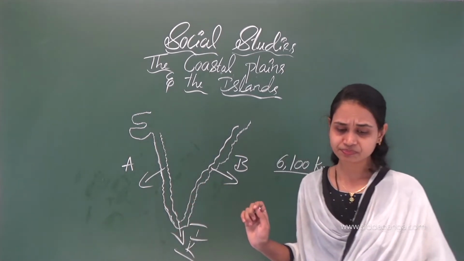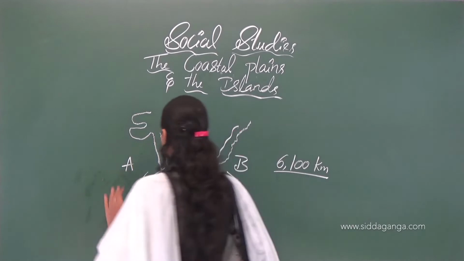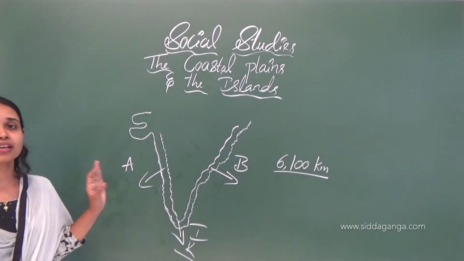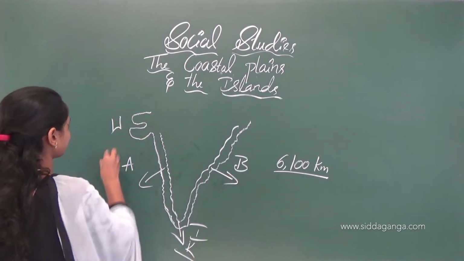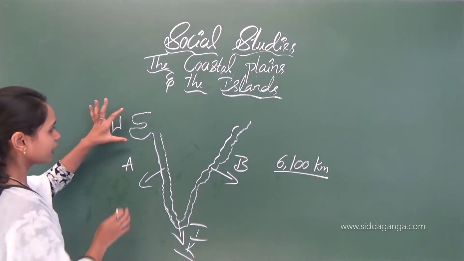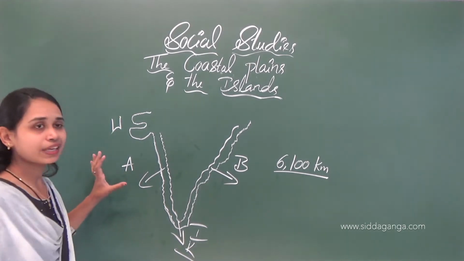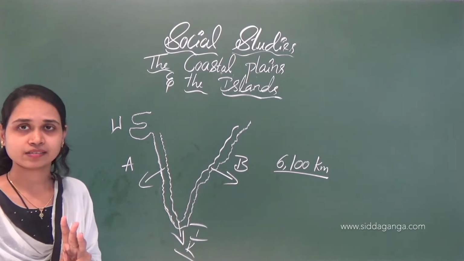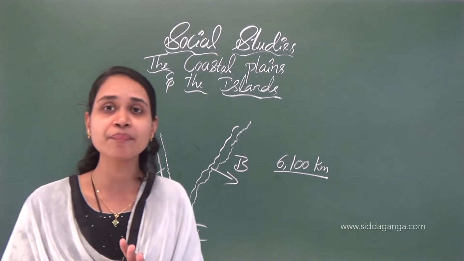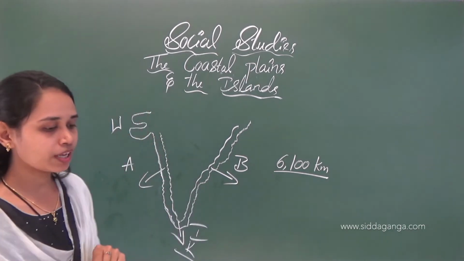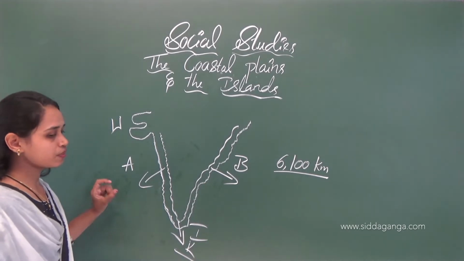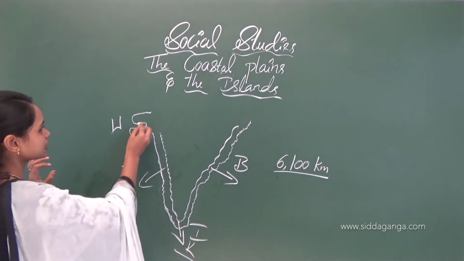So first we are going to study the western coastal plain, okay? In the western coastal plain we can see three parts. It stretches from Gujarat to Kerala. We can see Gujarat here.